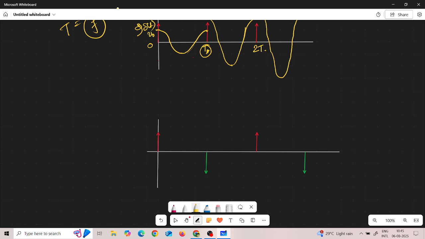Here initially a pulse comes, so initially the waveform will look like this. Okay, now here please concentrate. Here the impulse comes but in the opposite polarity.